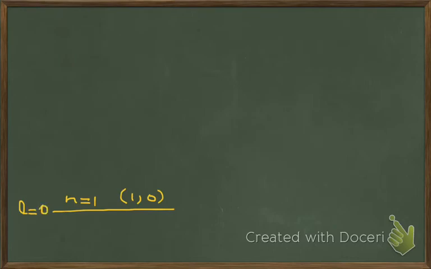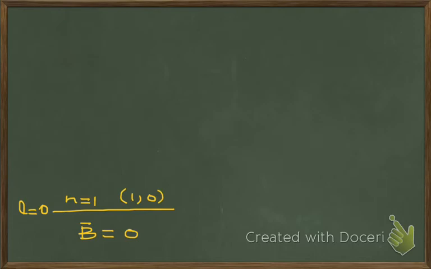When the magnetic field is 0, the energy levels are degenerate with respect to L and m.